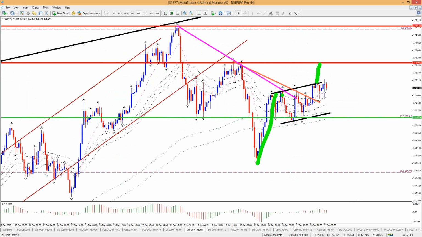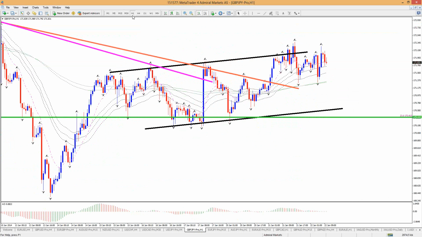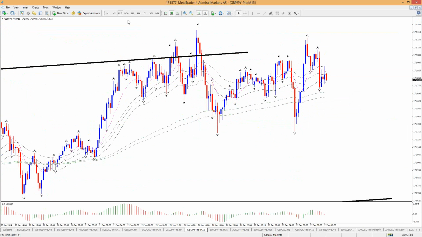And one of the reasons was that pound dollar was really wacky, made a lot of ups and downs. Dollar yen made a sturdy fall yesterday. So those two things were the primary reason for this pound yen not to have sufficient power to move to the upside here. At the moment, I don't see anything interesting.